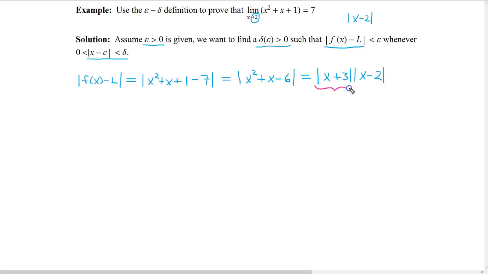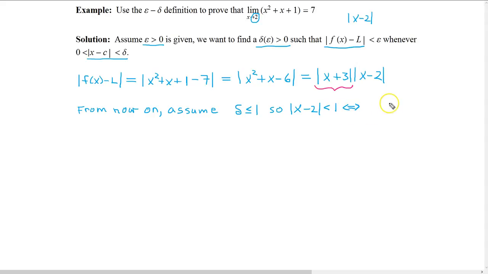We need to get rid of this term right here, the x plus 3. So we're going to say from now on, we're always going to assume that the delta is always chosen less than or equal to 1. In which case then, |x minus 2| will always be less than 1 because we always set this less than our delta.